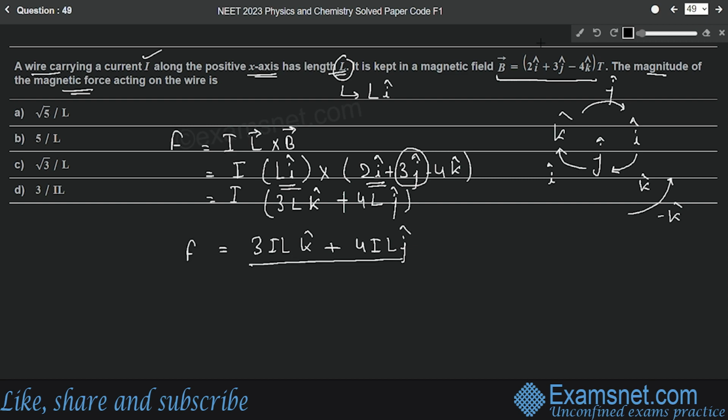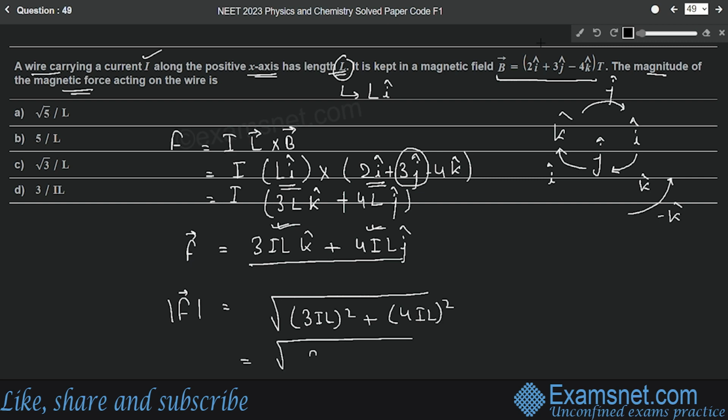And what will be the magnitude? The magnitude of this force will be equal to under root square of the first part plus square of the second part. That means square of 3IL plus square of 4IL, right? That is 9I square L square plus 16I square L square.